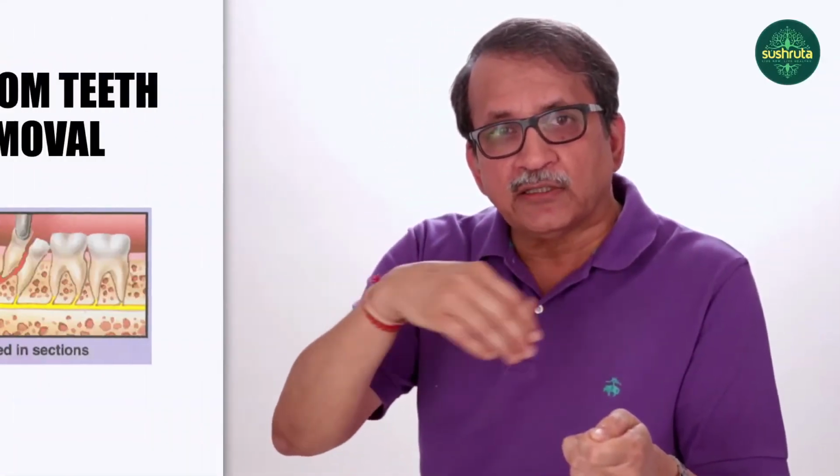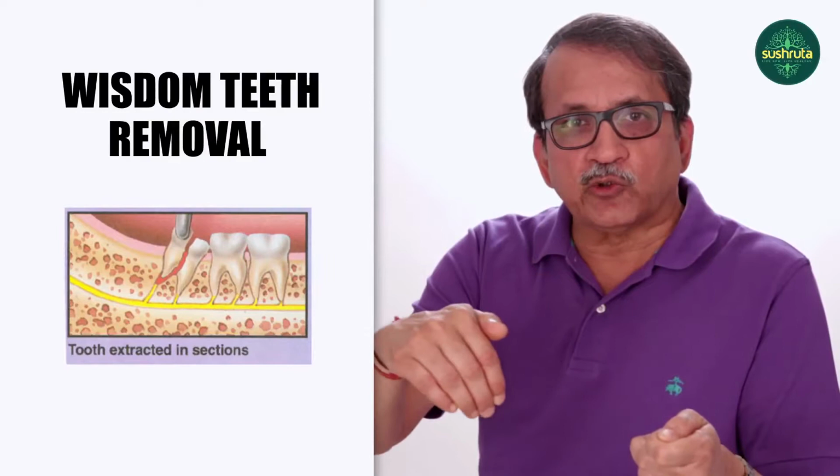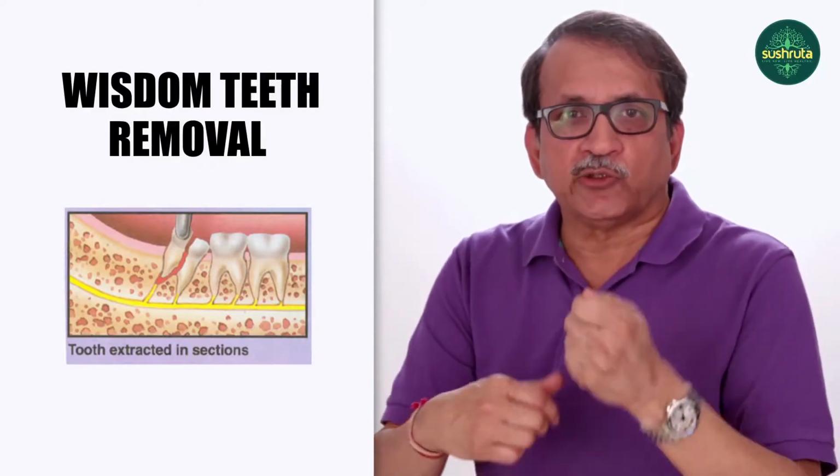So any position, a good dental surgeon, but we have specialists also called oral and maxillofacial surgeons, they remove that tooth. So even upper, lower, same procedure: incision, reflecting, removing the bone. Sometimes we actually cut the tooth into two parts because it's easy to remove.